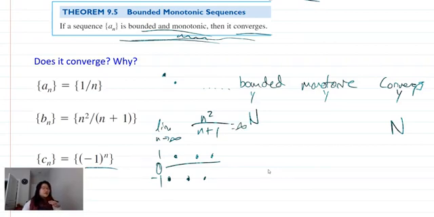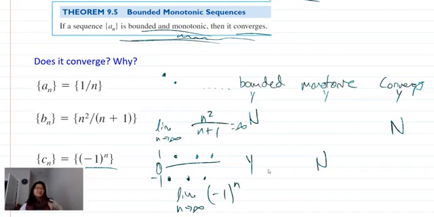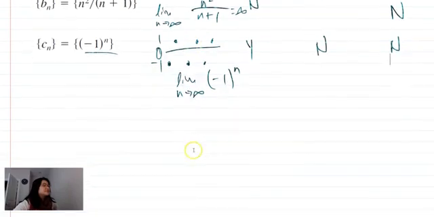We have this c sub n that's going between negative 1 and positive 1. So it's bounded, yes, but it's not monotonic. And so we can't for sure say that it converges. And in fact, since we don't have a limit here, the limit as n approaches infinity of negative 1 to the n power doesn't exist. So no, this does not converge.